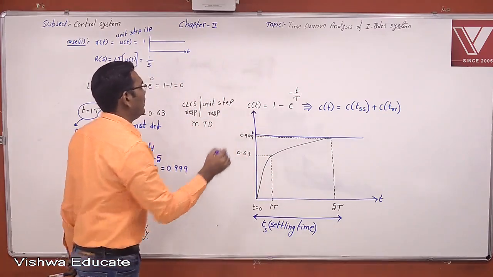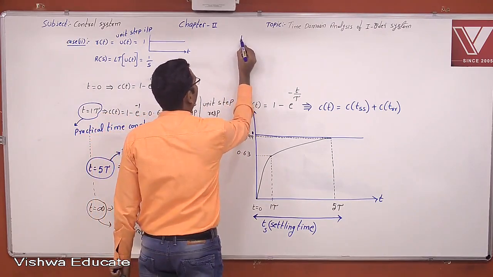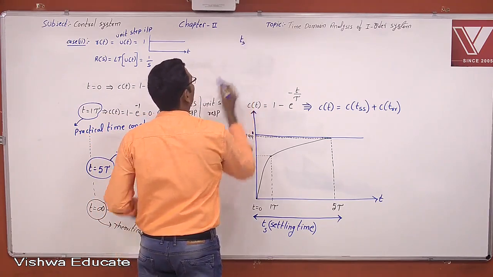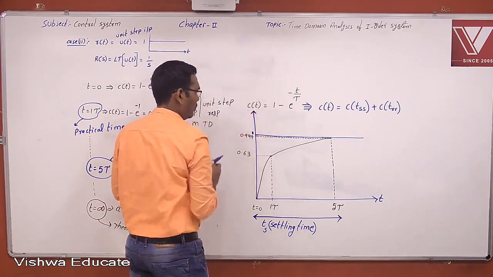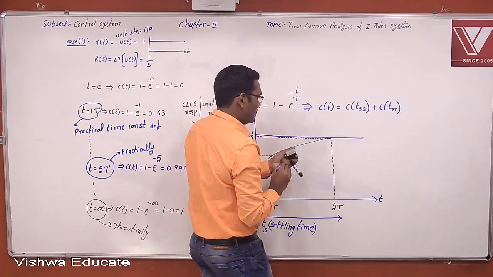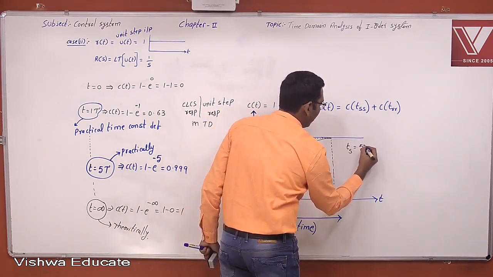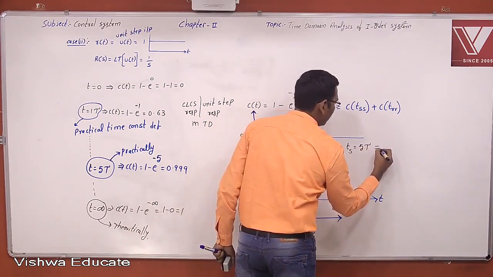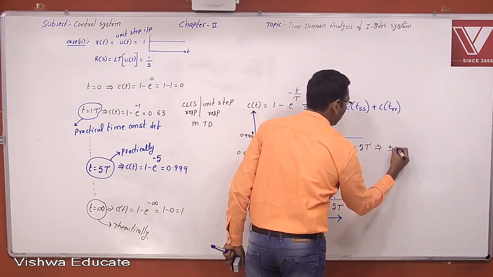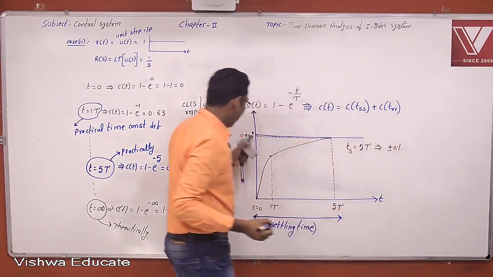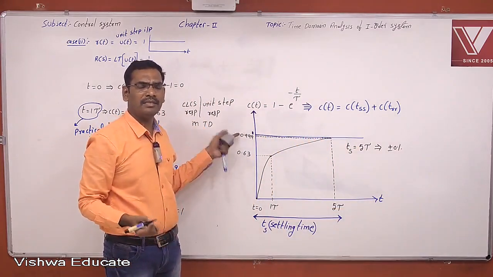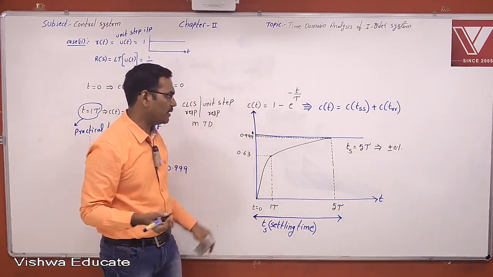Okay. Now I write one question here. Now the settling time TS is equal to 5 time constants with error of, how much error? 0% error. 1 minus 0.999 means 0.001, approximately 0.